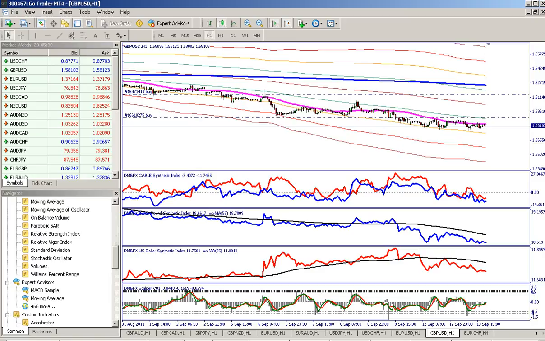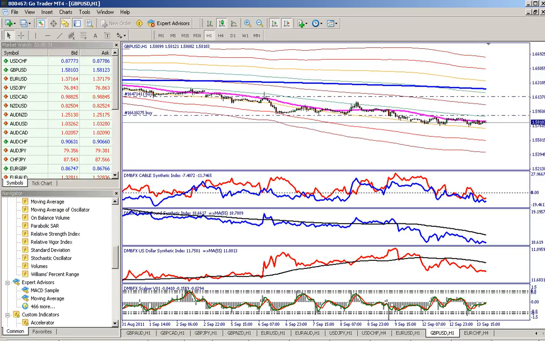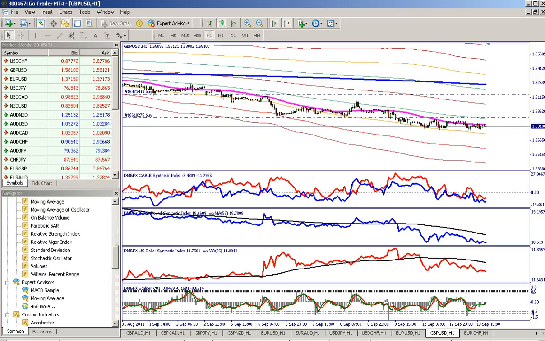So what all this means is that it will give you a more three-dimensional view of the GBPUSD, and it might give you an opportunity for a buy, for example, because the price is way below the long-term moving average, and the price is currently in one of the buy zones.